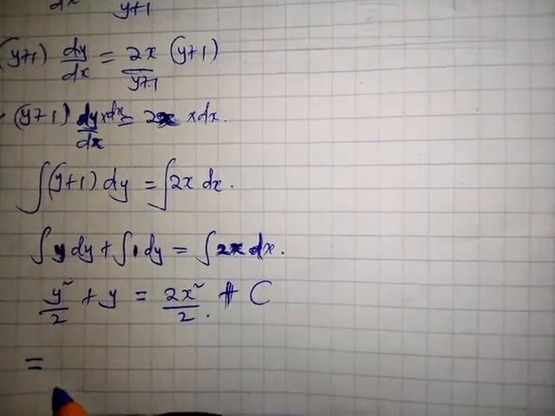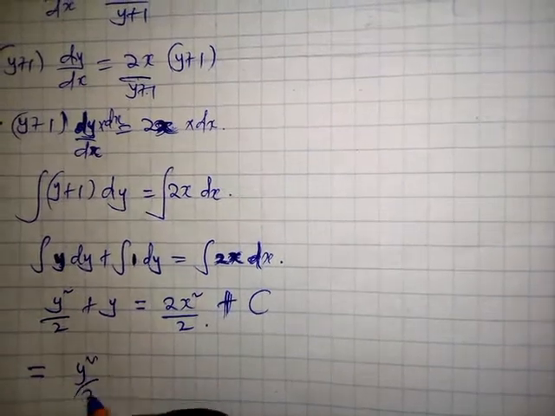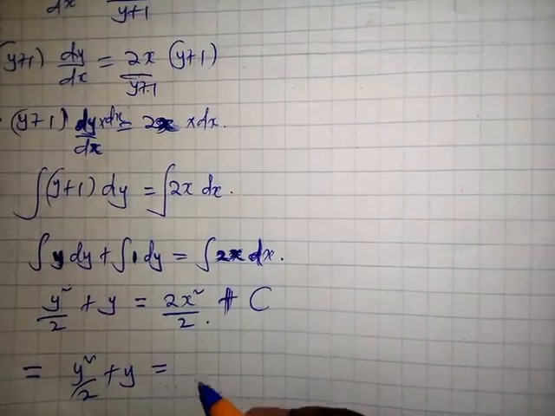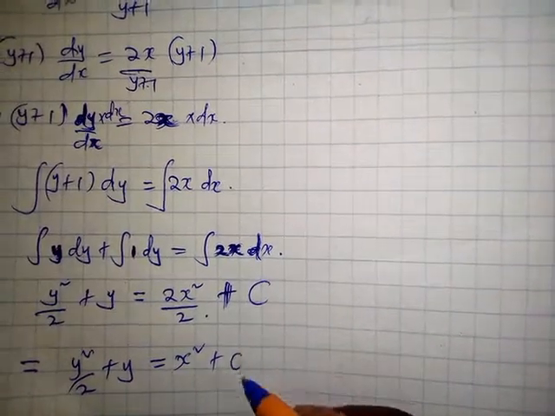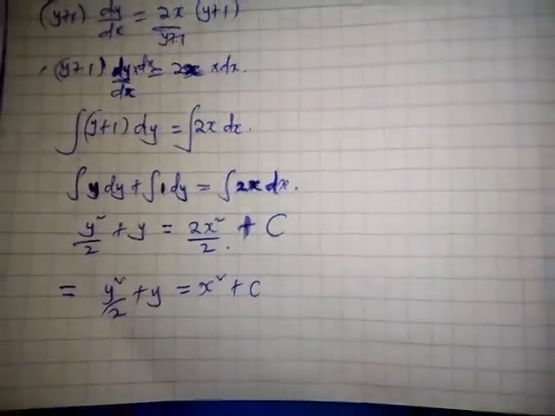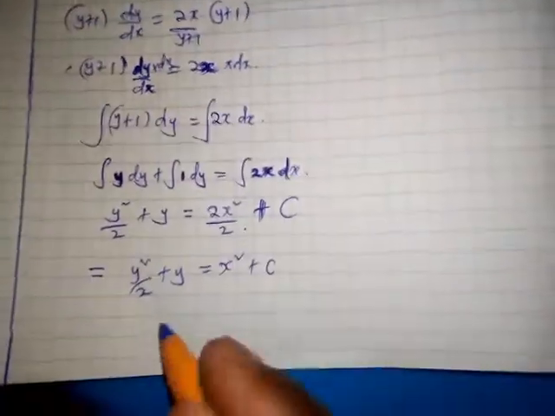So the final answer becomes y squared over 2 plus y is equal to, this 2 and this 2 cancel, x squared plus c. And that becomes the answer.